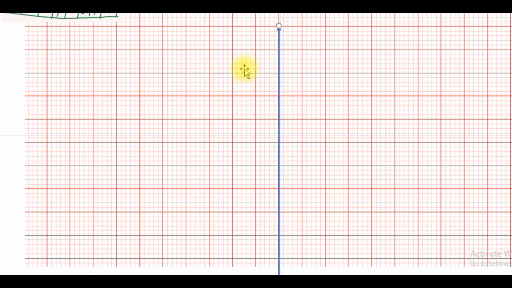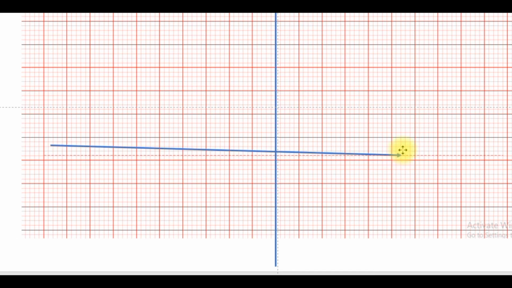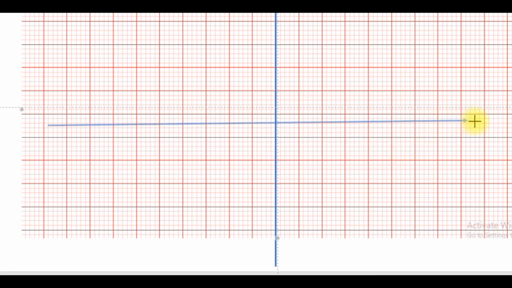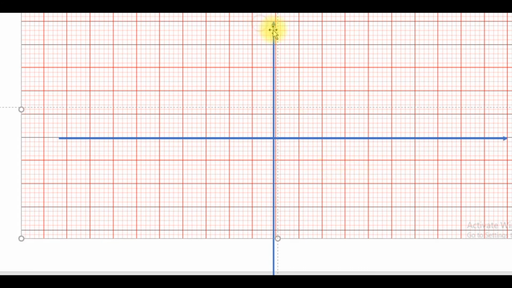So these are the y axis. So these are our x and y axes. So this first one is, so this is the origin.